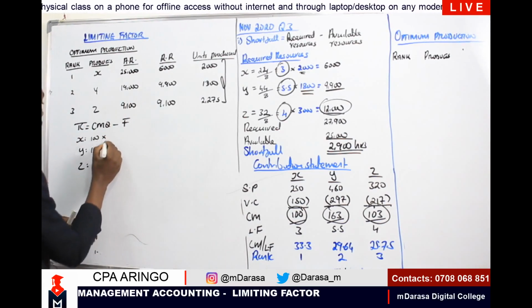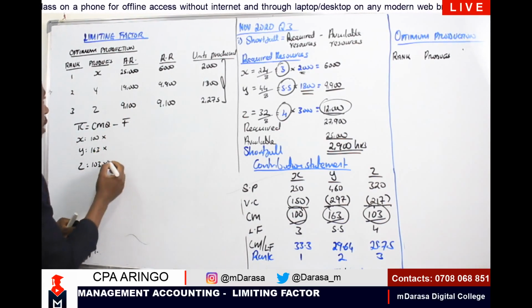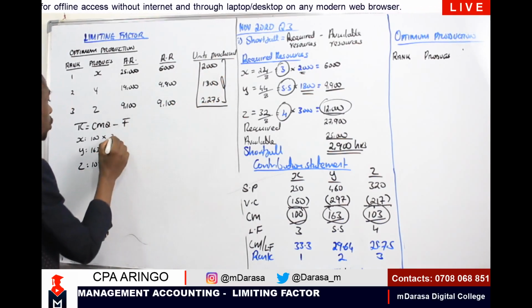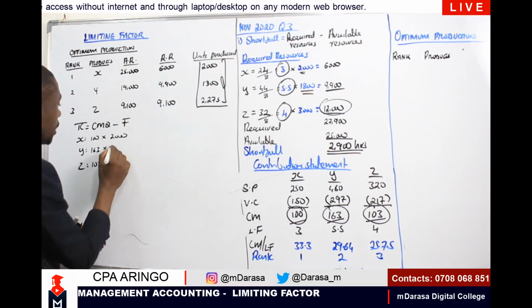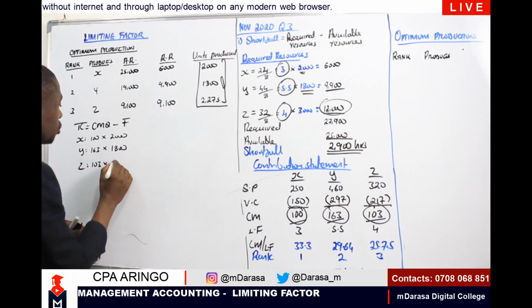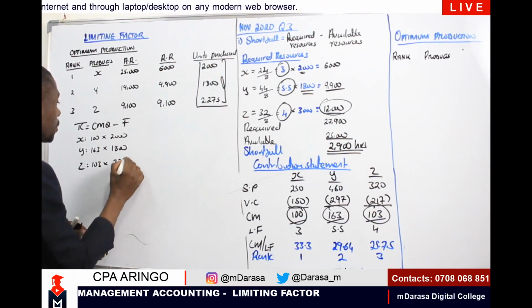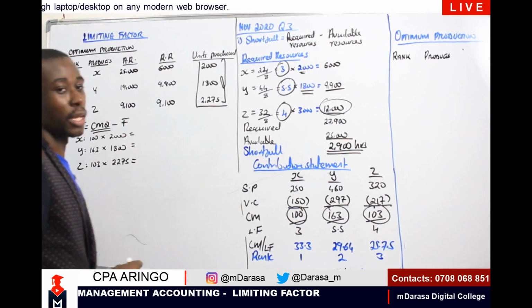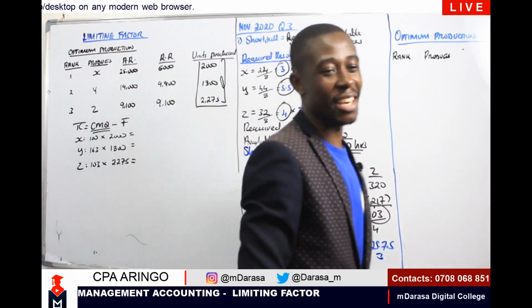We multiply this one by what? We multiply this one by the number of units, which you have them here, our optimum production. 2,000, 1,800, 2,275. This should give us our contribution, CMQ.